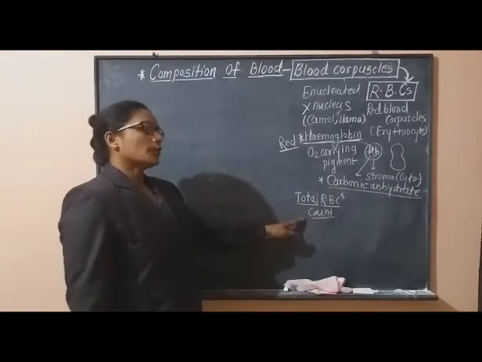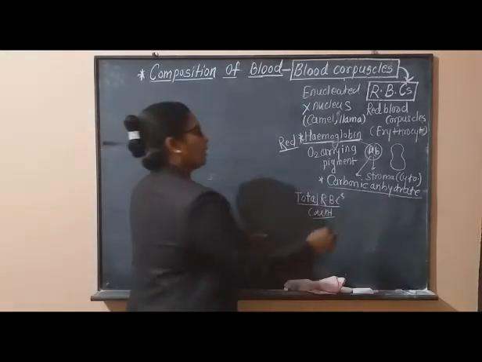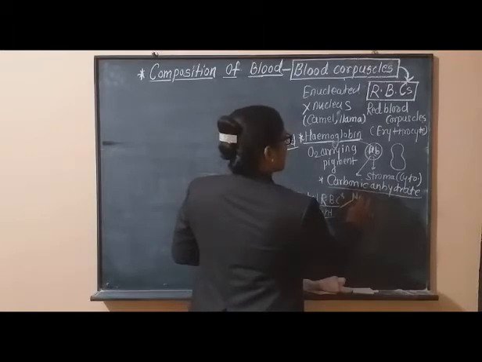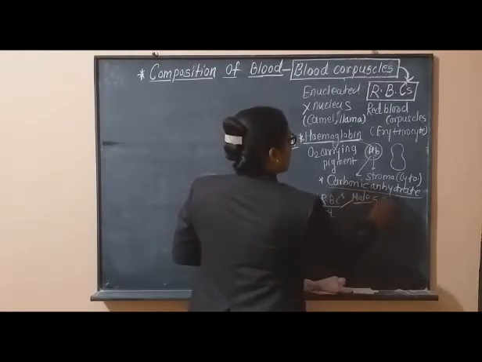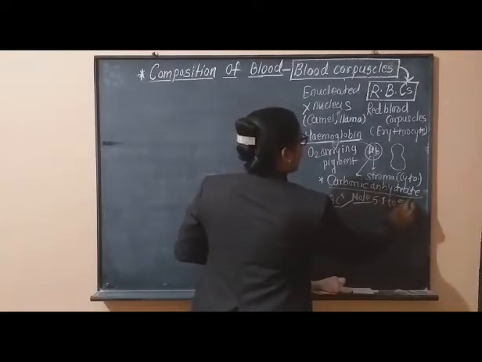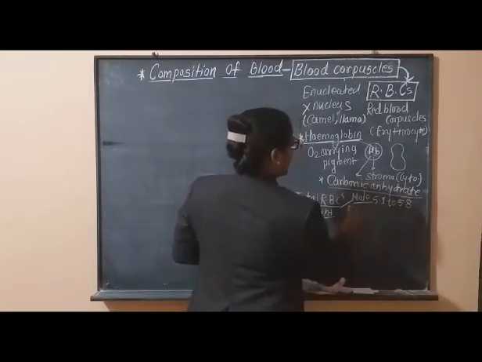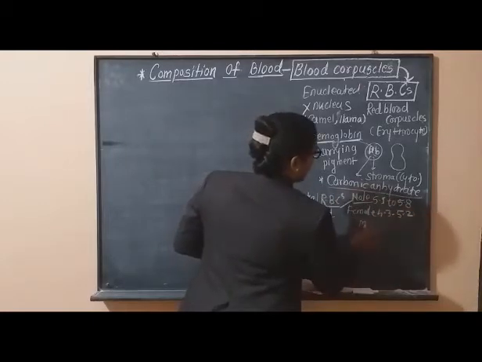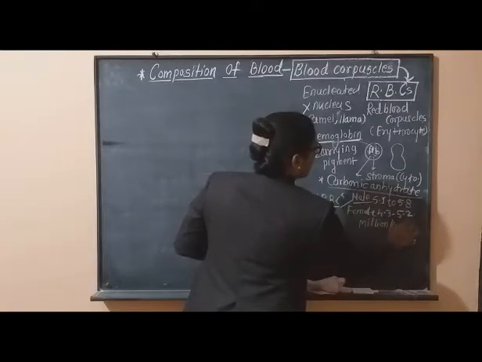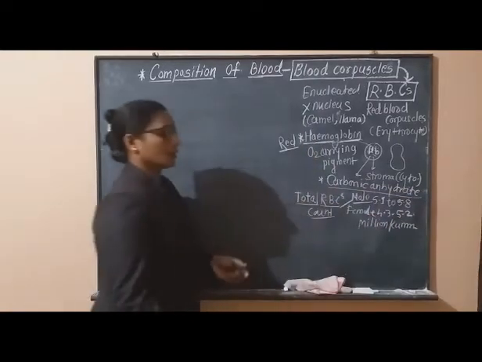Now this total RBC count is different in males and females. In males, it is nearly 5.1 to 5.8, and in females, 4.3 to 5.2, and the unit of measurement is million per cubic millimeter.